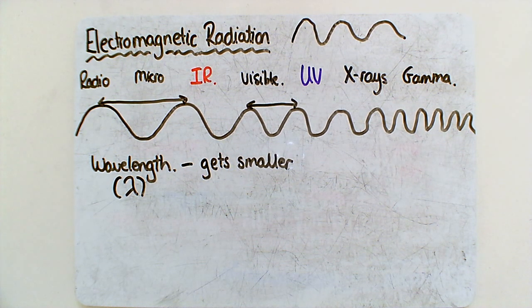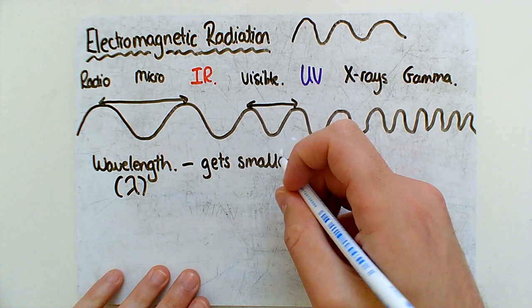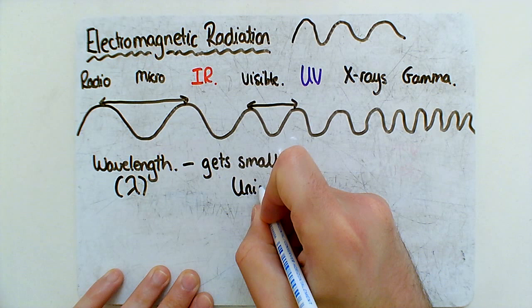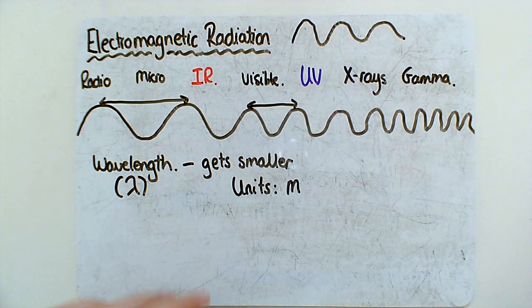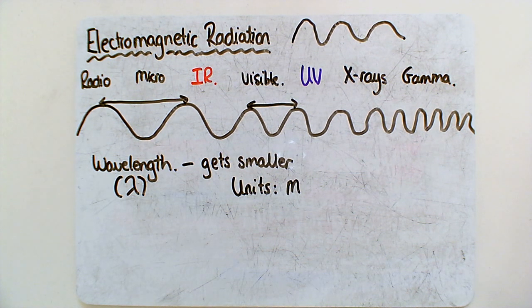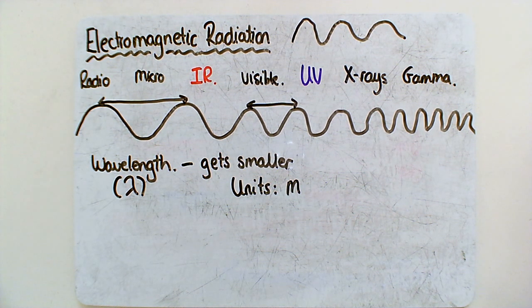And the wavelength determines essentially how long the wave is, and it also determines a lot of other properties. Wavelength is central. Now, the units of wavelength, we want units to always be in meters. For any calculation that you're going to do with electromagnetic radiation, you need to use meters.